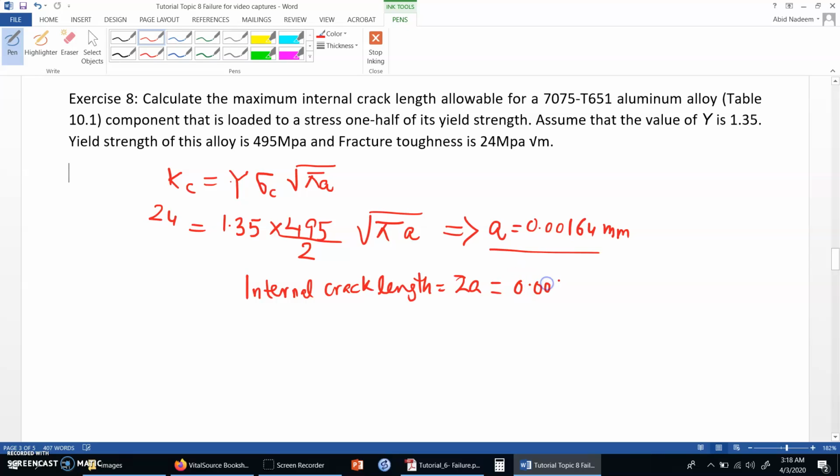So it will be 0.0033 meter approximately, or in other words, it will be 3.3 millimeter. So 3.3 millimeter will be the length of the internal crack.